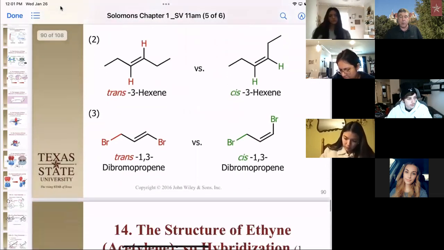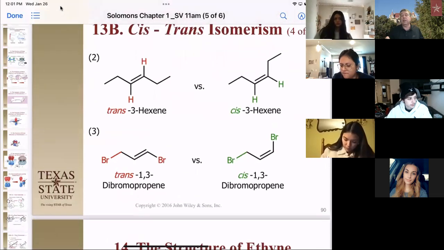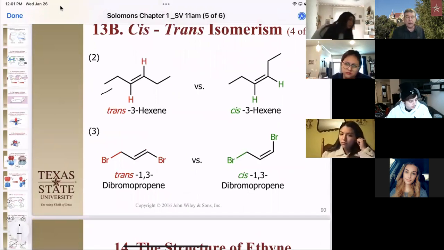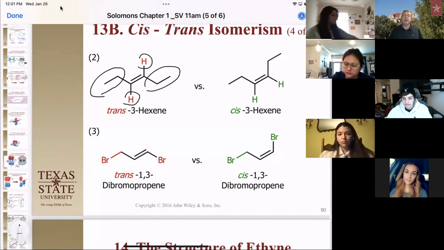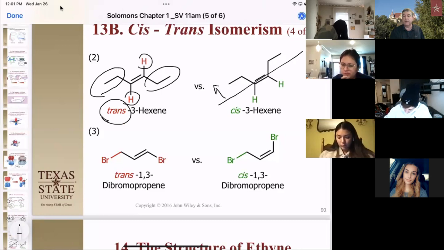And if we have more than 2 groups, we actually want to use a different nomenclature system. But notice we can use cis and trans quite a bit. In this case here, we have 2 groups, and notice we have 2 hydrogens. The hydrogens are on opposite sides, the 2 groups are on opposite sides, so we call that the trans isomer. If we look at this, both of the alkyl groups are on the same side, so that's the cis isomer.